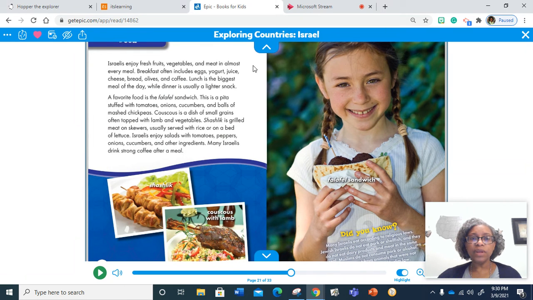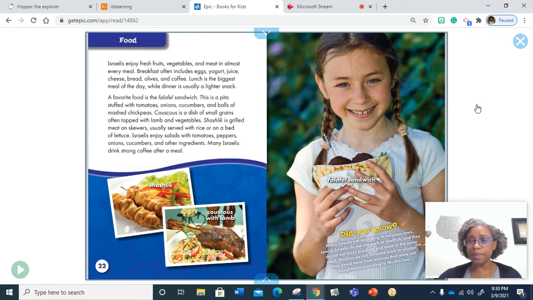And there we are. And you can click the little arrow, then you'll be able to see the whole page. So now I can read, or I can click this play button and it's going to read this page for me. It doesn't matter if you didn't start at page number 1. I can start right here and my reader will read this page for me, and then I can take my notes about the foods that they eat in Israel.